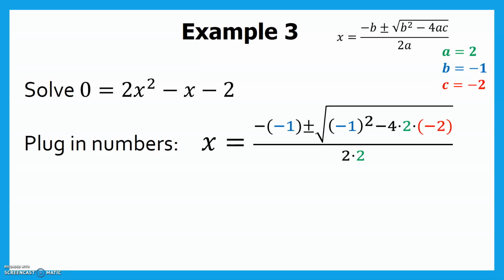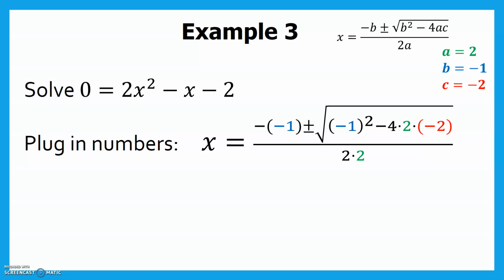All right, plug in those numbers. Now, this is kind of interesting because I get minus -1 because b is -1, plus or minus (-1) squared. I put those in parentheses so that you remember that that's how you have to put them in your calculator when you are going to square something. -4 times 2 times -2, and then on the bottom I get 2 times 2.